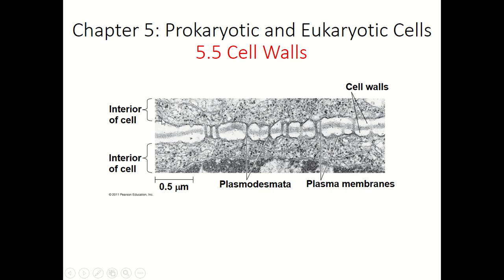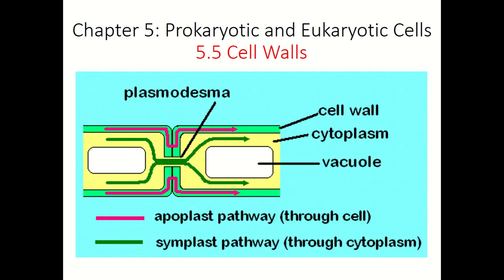Okay, here is the cytoplasm of the first cell, the cytoplasm of the second cell, and you can see over here the plasmodesmata that connect these two cytoplasm. So if the solutes pass through the plasmodesmata, that is called the symplastic pathway, in which they pass through the cytoplasm.